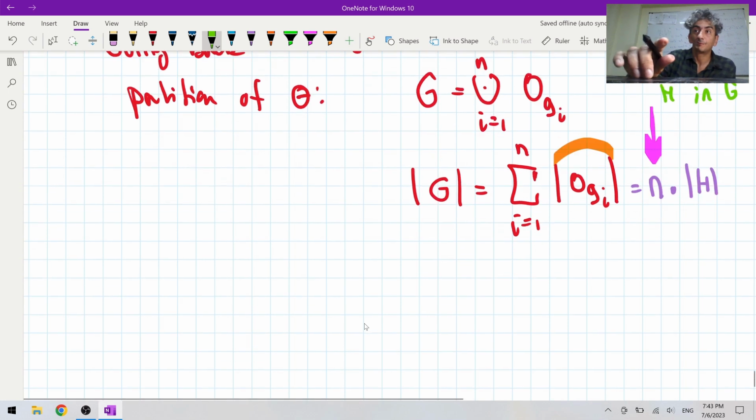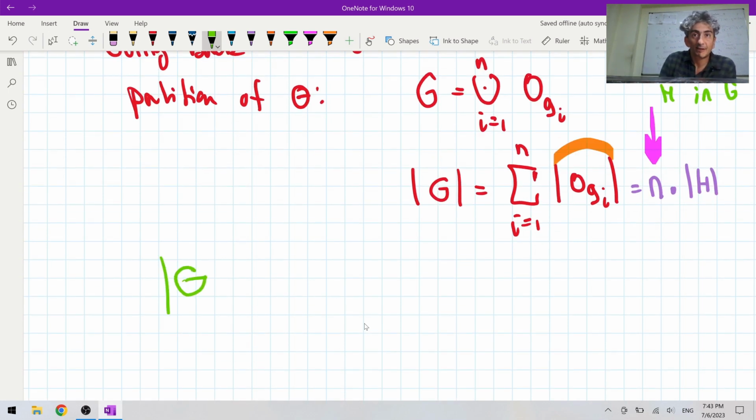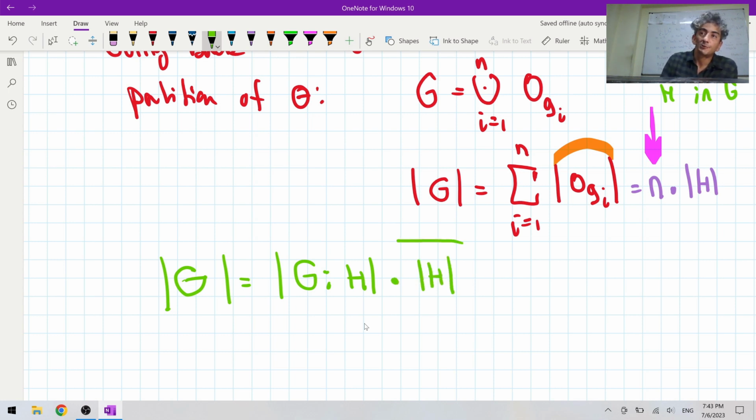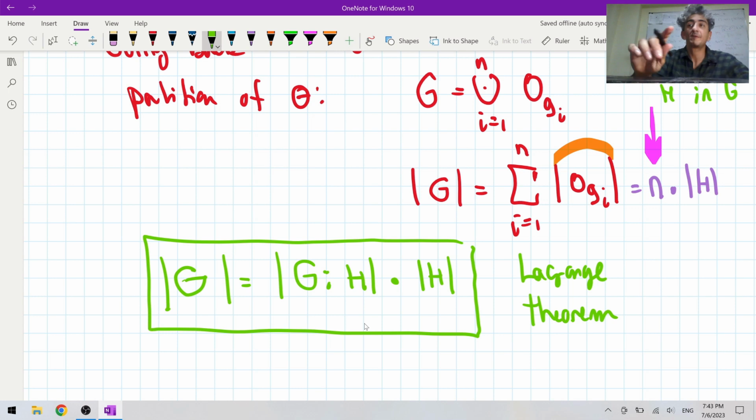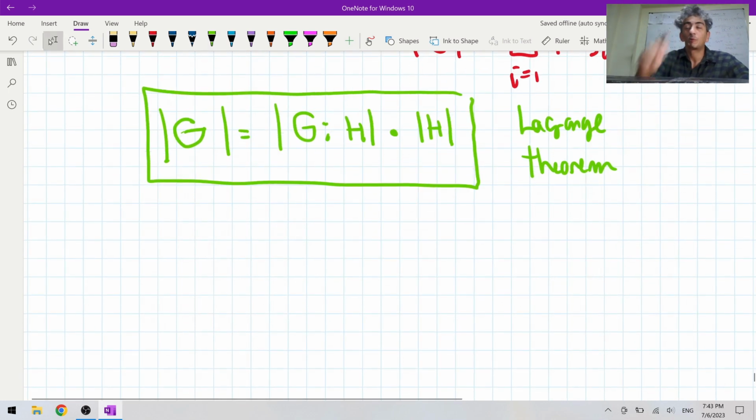Okay, so this is written like this. The order of G is the index of H in G times the order of H. And this is what we call the Lagrange theorem. It simply states the following.